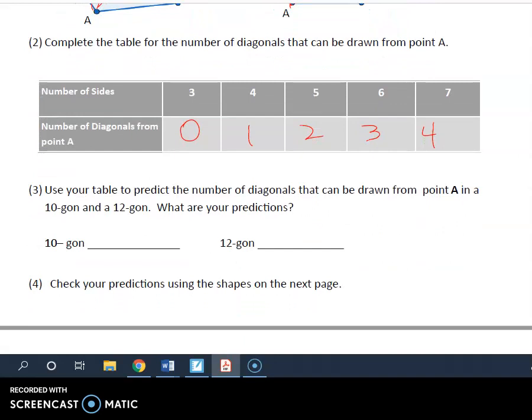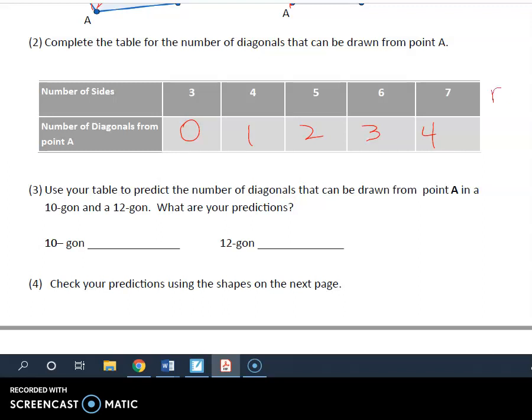So using your table, I'd like you to predict the number of diagonals that can be drawn from point A in a 10-gon, called a decagon, and a 12-gon, which is also called a dodecagon. So look at the number of sides, look at the number of diagonals. Can you predict a pattern?